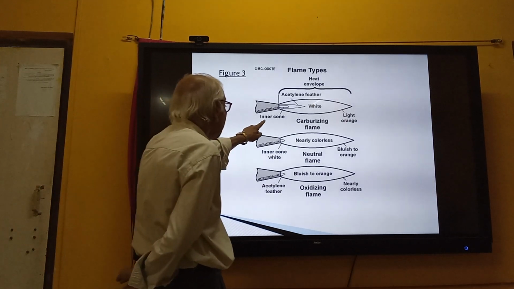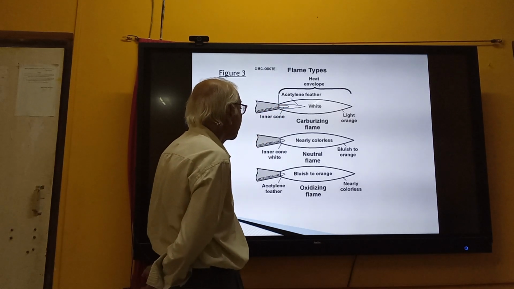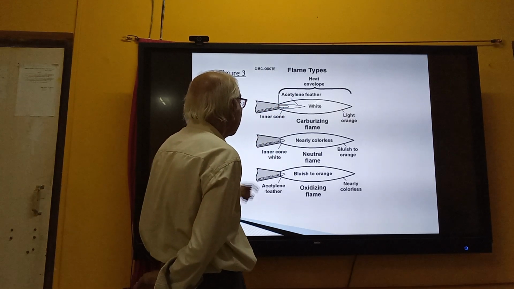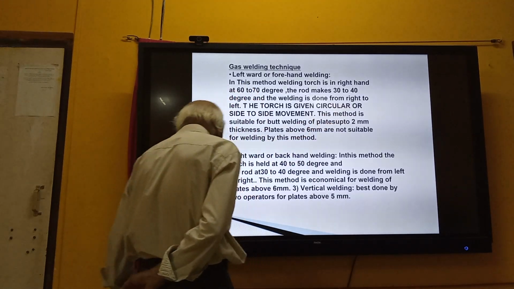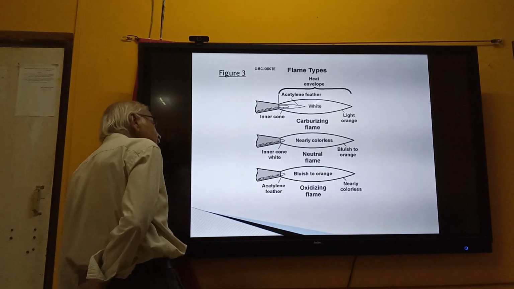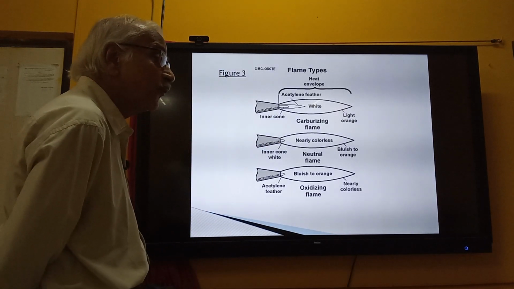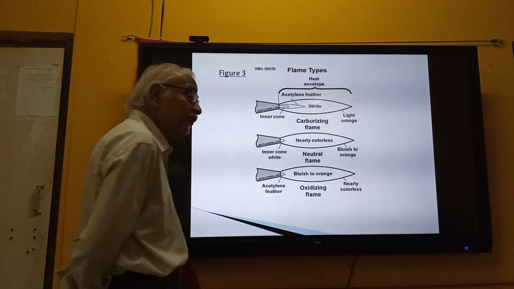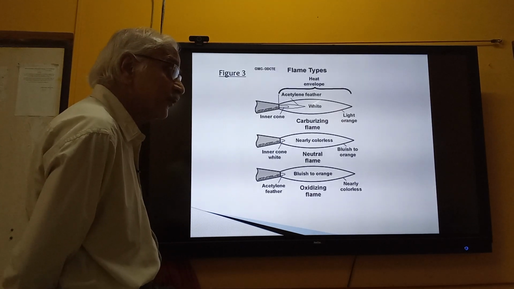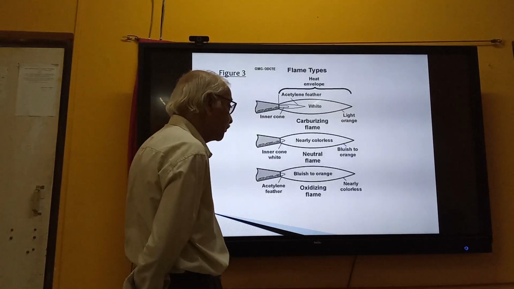You can see the inner cone is there, and there is the acetylene feather because of the excess acetylene, and the flame color is white with the border light orange. So that is a carburizing flame. This is used mainly for alloy steels, which have a very high absorbing power for oxygen, and that is why the carburizing flame is used.